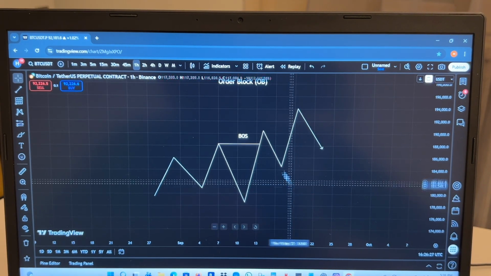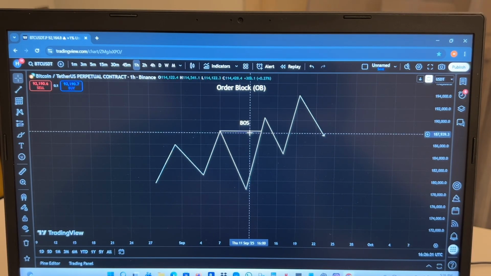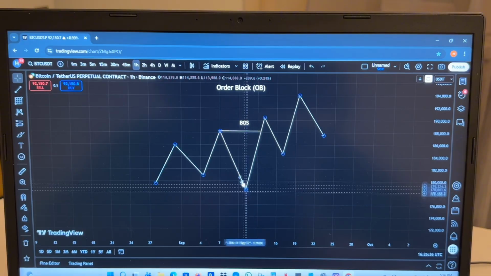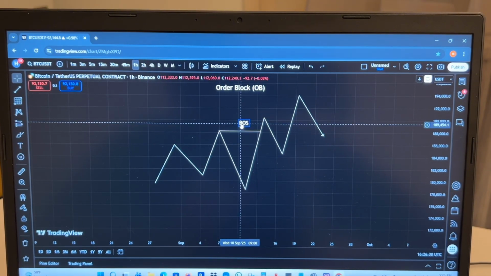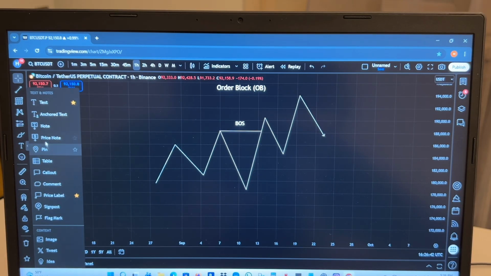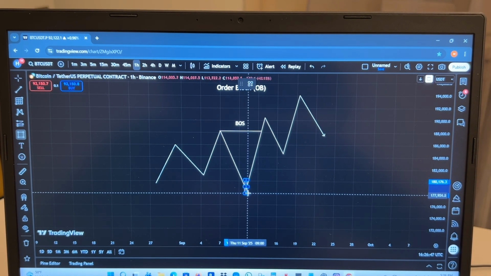Okay, so right now, sometimes when the market goes making high highs, high lows, high highs, high lows, it gives a BOS, and right now the BOS is confirmed. What the market does is it gives us a candle right over here.